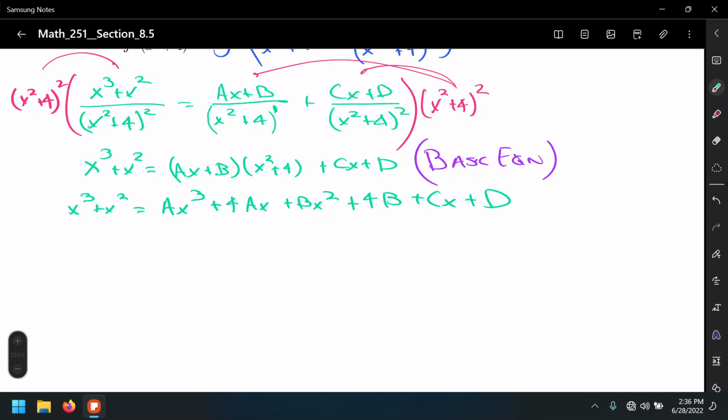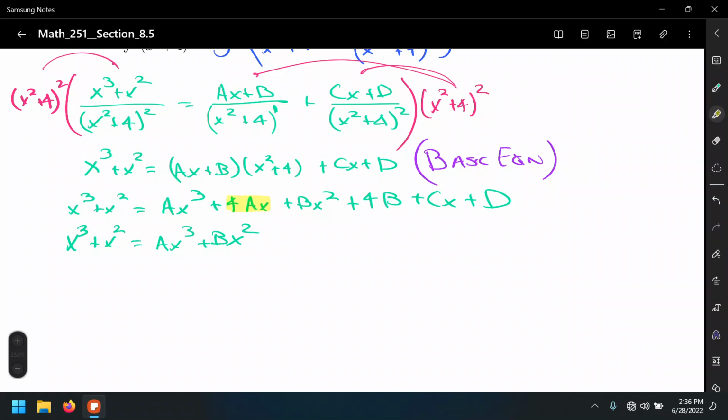What we're going to do is group everything in terms of the corresponding power. What do I mean by that? x cubed plus x squared equals, okay, let's look at this ax cubed. Do we have another cube term? No, that's the only one, ax cubed. Okay, what about the quadratic terms? Do we have another one besides b? I don't think so, right? What about linear terms, that is, terms that contain x to the first power? Okay, let me highlight them.